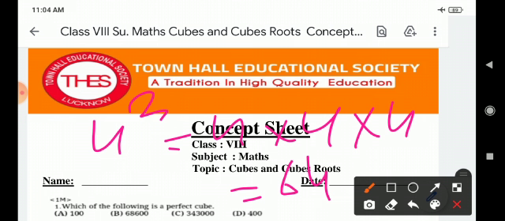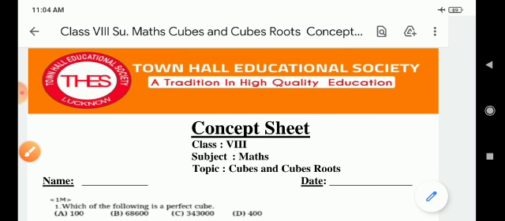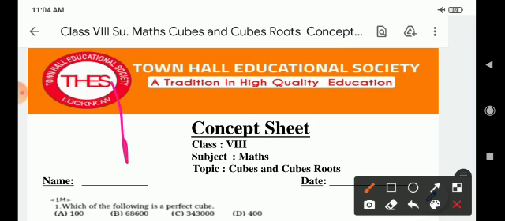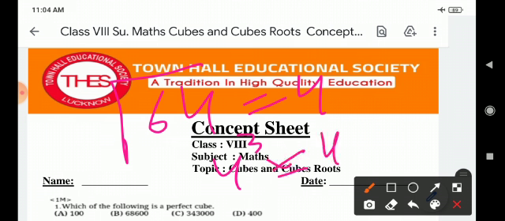And children, do you know the cube root of a number? The cube root of a number is the number whose cube gives that number. For example, the cube root of 64 is 4, since 4 cube is equal to 4 into 4 into 4.